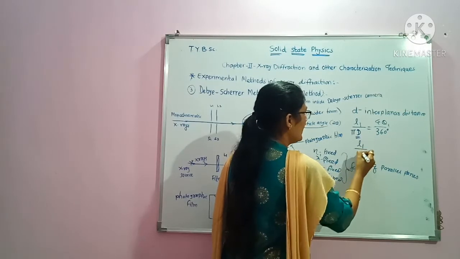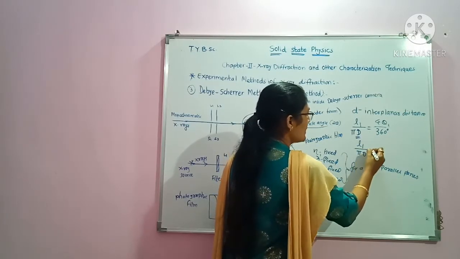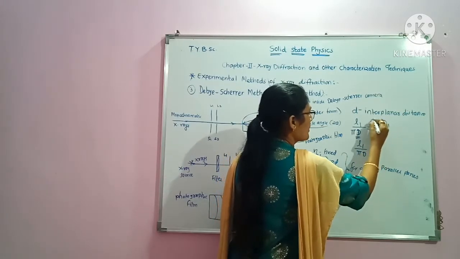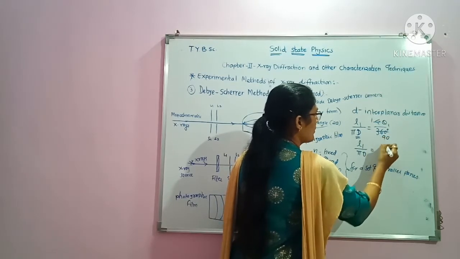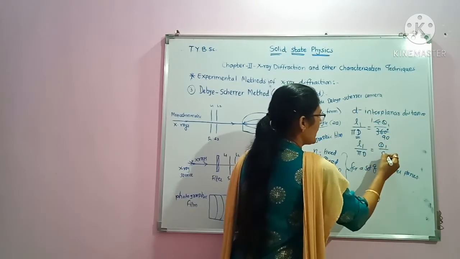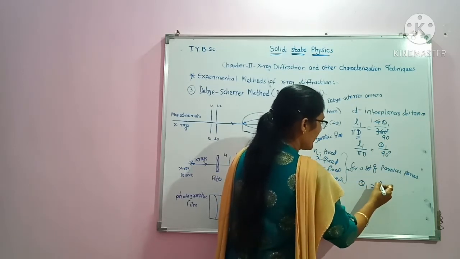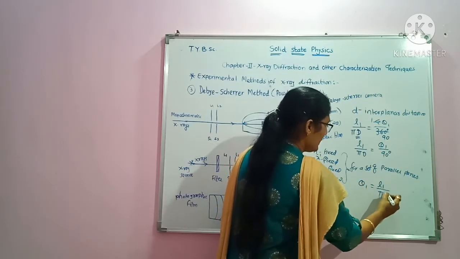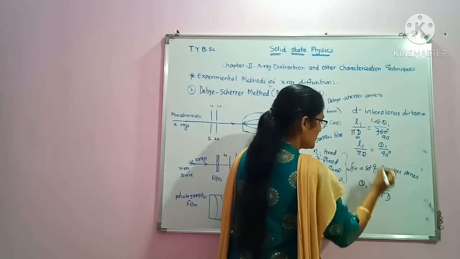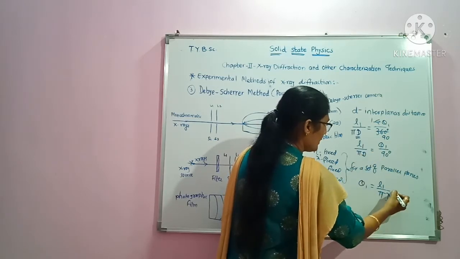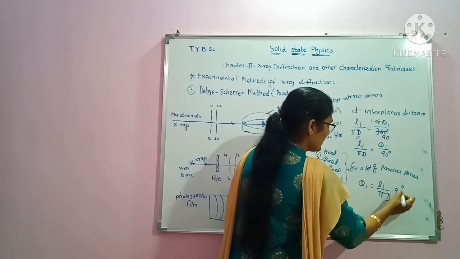So we know that L1 upon pi d is equal to theta 1 upon 90 degree. So theta 1 is equal to L1 upon pi d into 90 degree.